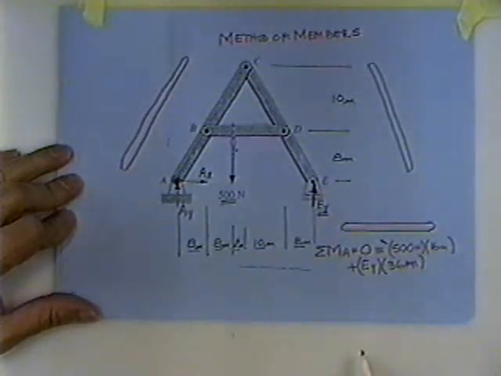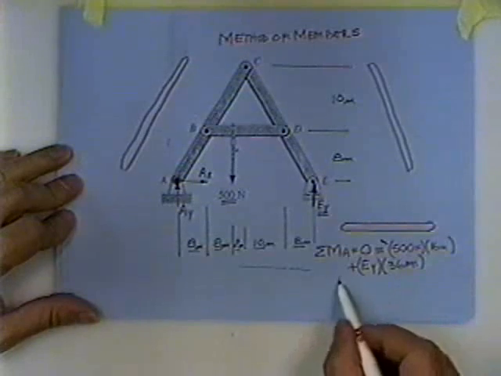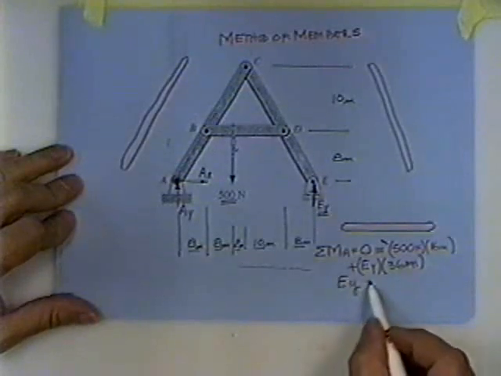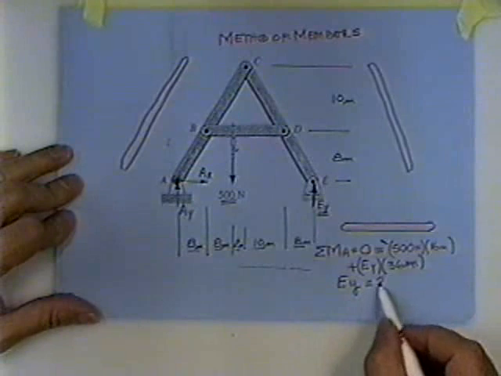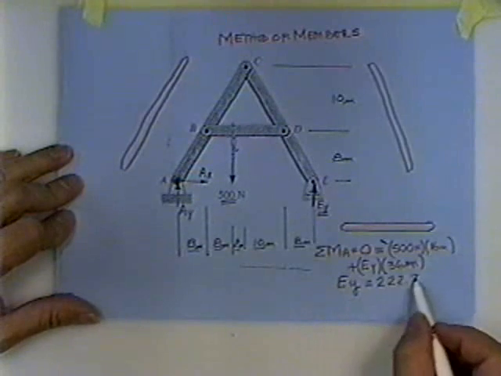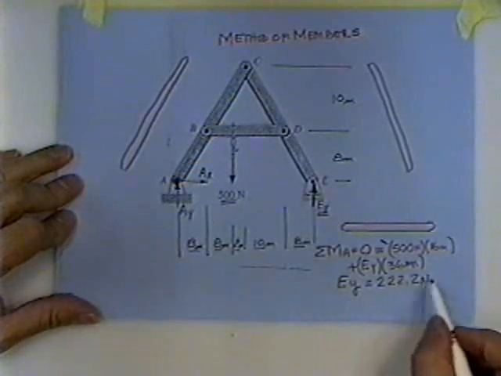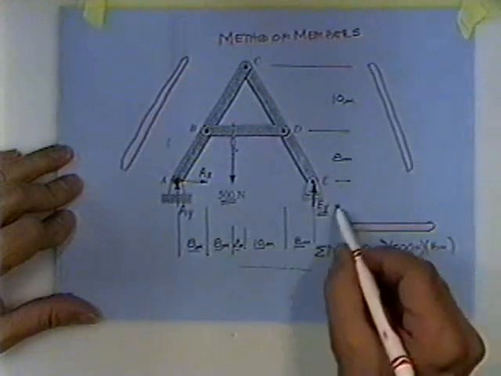There are no other forces acting on the original free body, and so I can solve for EY. 222.2, so 222.2 newtons of force.